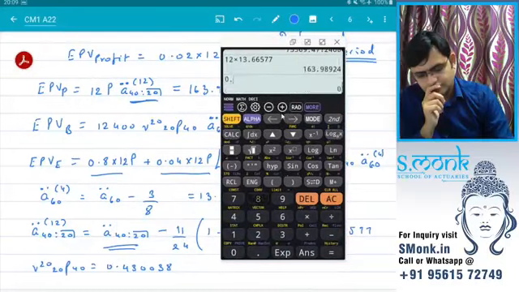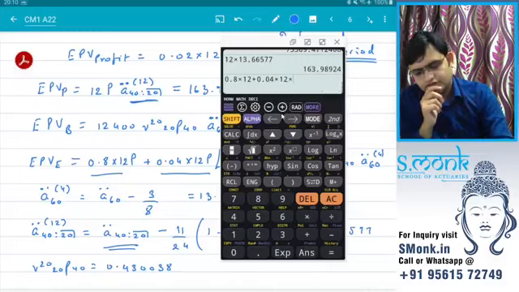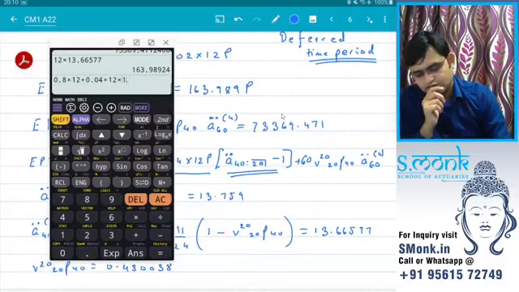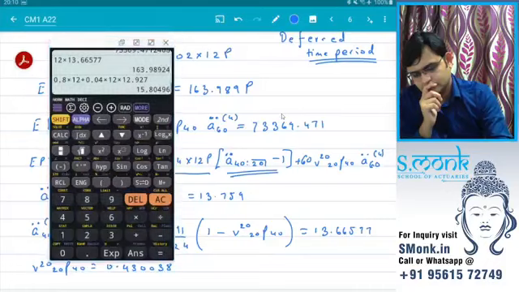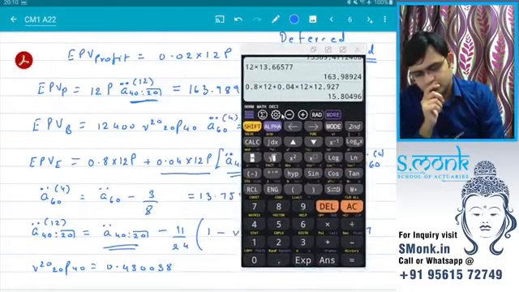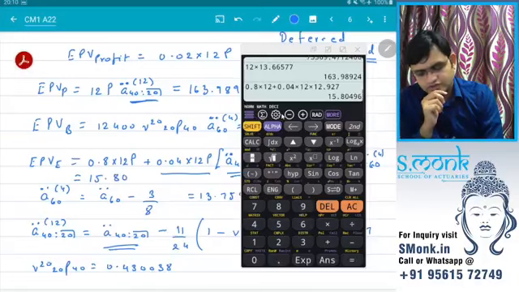So I have 0.8 into 12 plus 0.04 into 12 times (13.927 minus 1), so I will have 12.927. So I have basically 15.80496p.